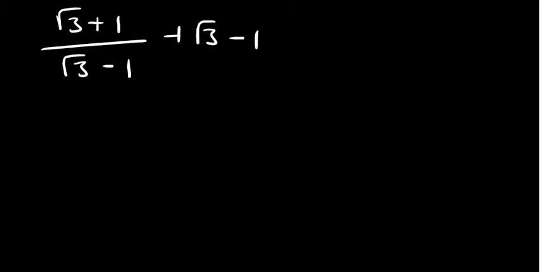So now the question says express this in the form of what? A plus b root of 3, where a and b are rational numbers. So it's like they only want you to remain with one part of the surd, which is just going to be like the root of 3. They don't want a and b to be surds. They want them to be rational. So what do you get to do there? How do you get to approach such a question?